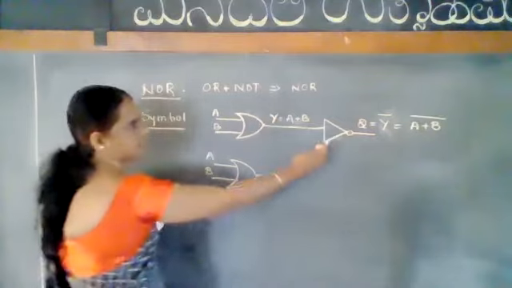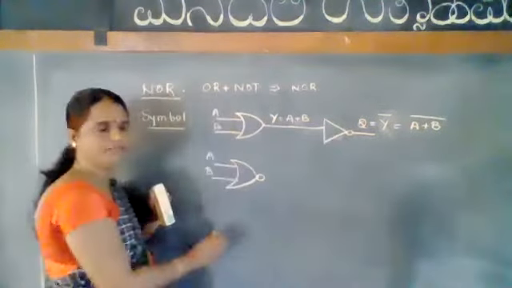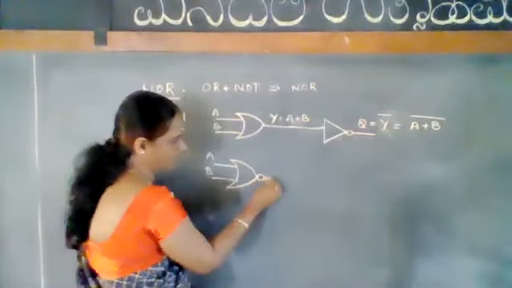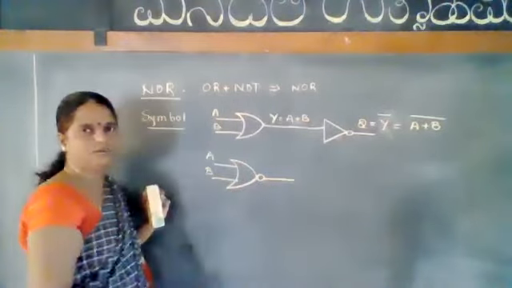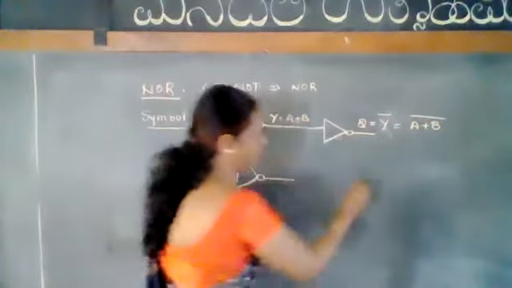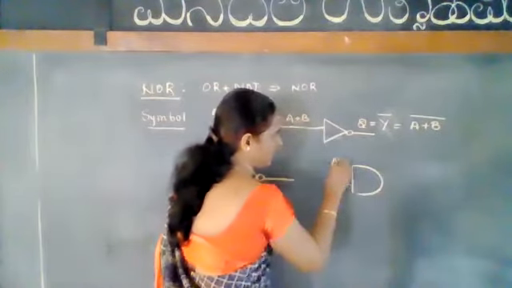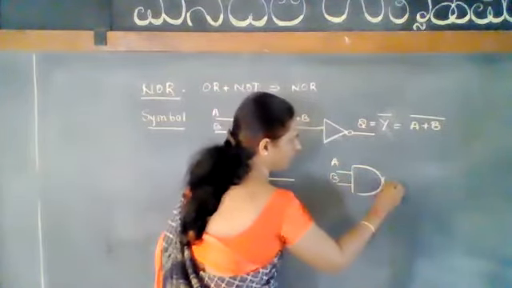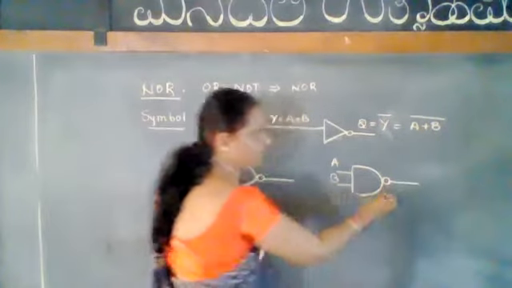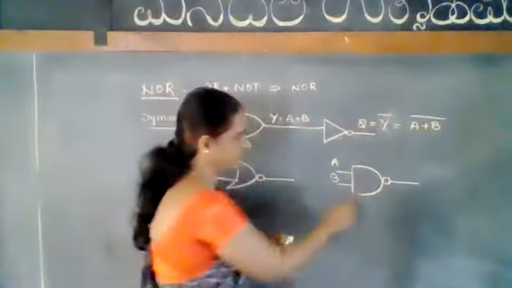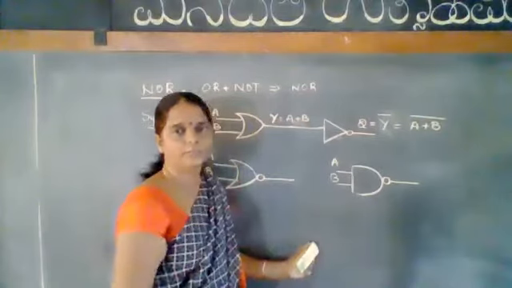Instead of this NOT gate symbol, we write only one bubble. So this indicates this is a NOR gate. Similarly, remember for NAND gate also, if these are the two inputs, the output is written along with a bubble. So this indicates it's a NAND gate.